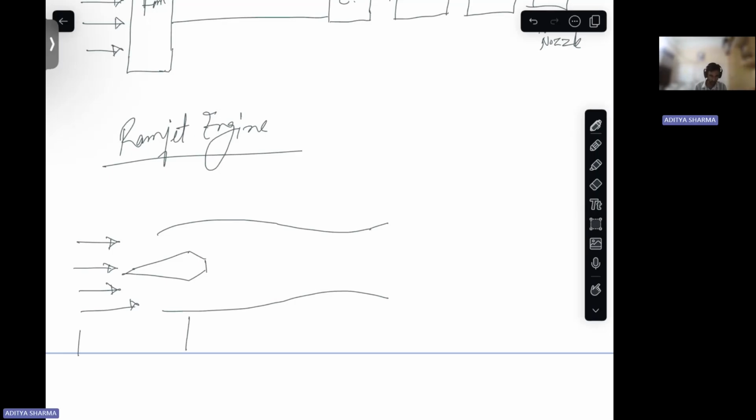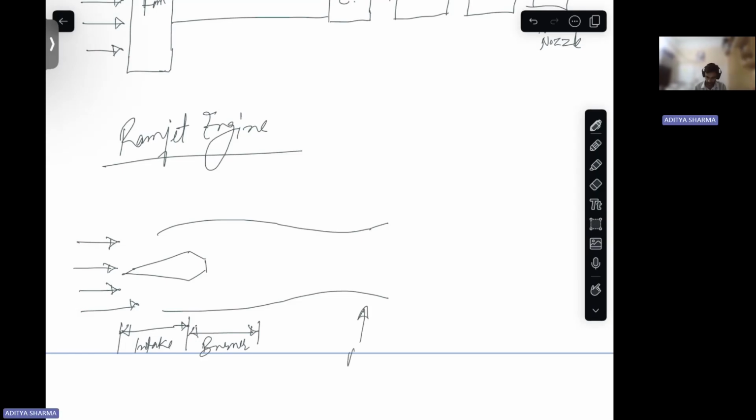So this is basically your intake. Then you have the burner here.